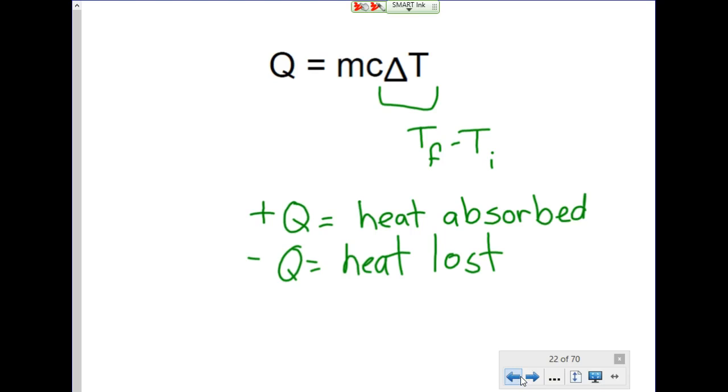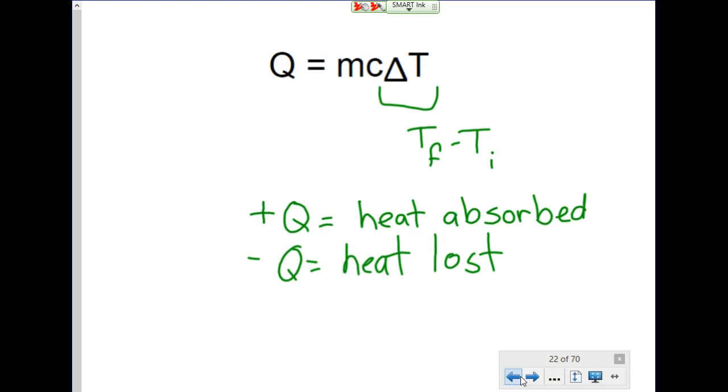Oh, if heat is lost, you're going to have a negative Q. In the second part of the experiment, when you put the block into the water, which one was losing heat? The block. So the block would have the negative Q value. The water was gaining heat. So if I calculated how much heat the water was gaining, it would be a positive Q value.